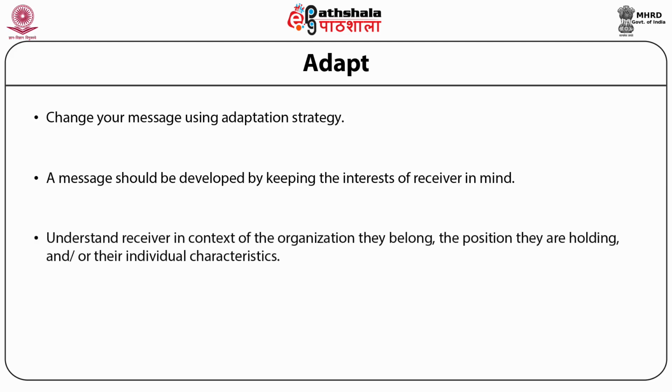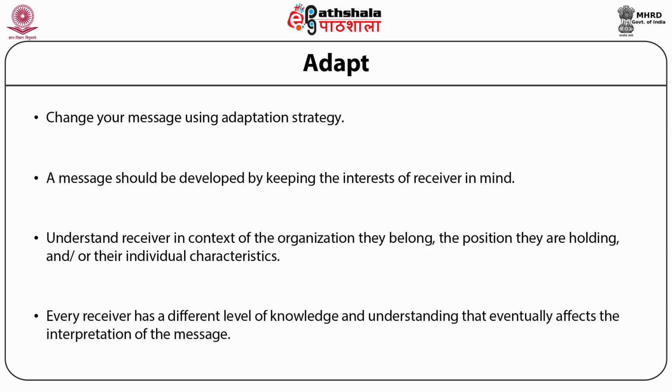We have to understand the receiver in context of the organization they belong to, the position they are holding, and the individual characteristics. Every receiver has a different level of knowledge and understanding that eventually affects the interpretation of the message.